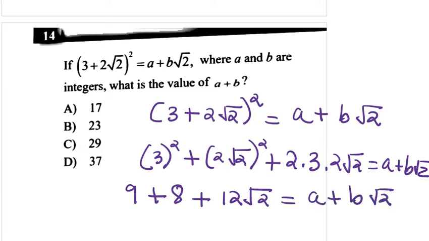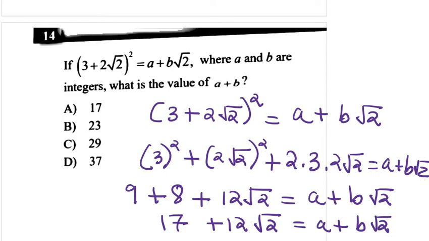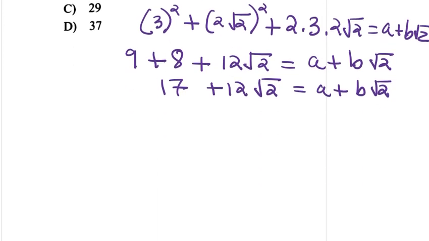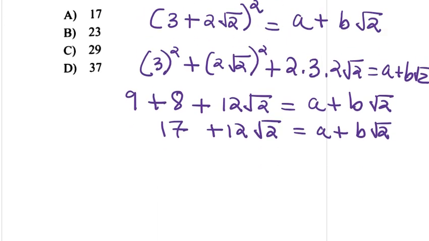So that's 9 + 8 = 17, plus 12√2, is equal to a + b√2. Okay, so the first part is equal to the first part and the second part is equal to the second part. What do I mean by that?